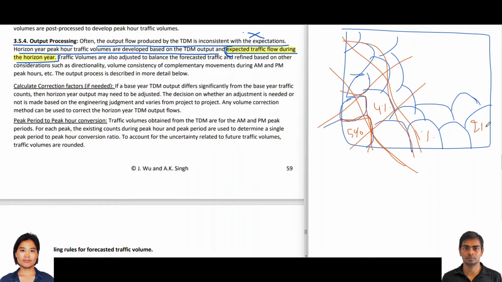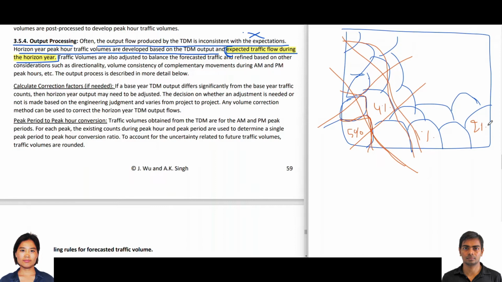So based on population and employment growth, I try to picture at a bigger level in my mind where those growth areas are, and then based on the select link analysis, I try to see where those volumes will go.